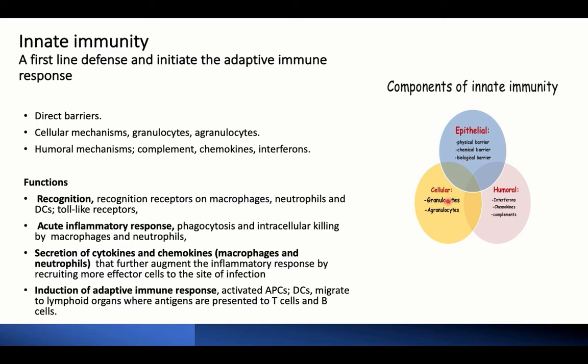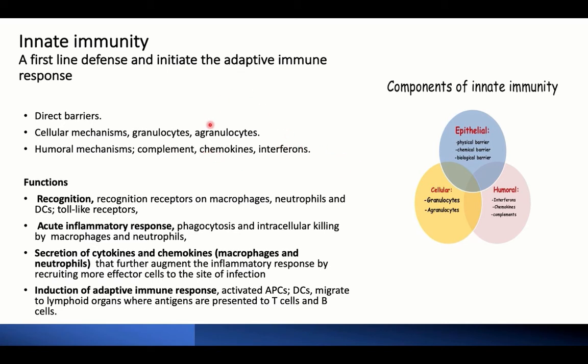Then we have cellular immunity, the cellular component formed by granulocytes and agranulocytes as a part of the innate immunity. And we have the humoral part, humoral mechanisms that include the complement system circulating in the plasma, chemokines, and interferons.